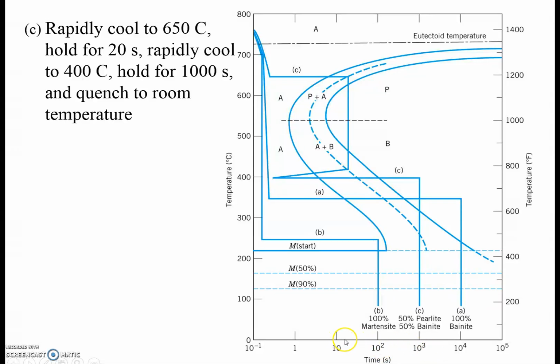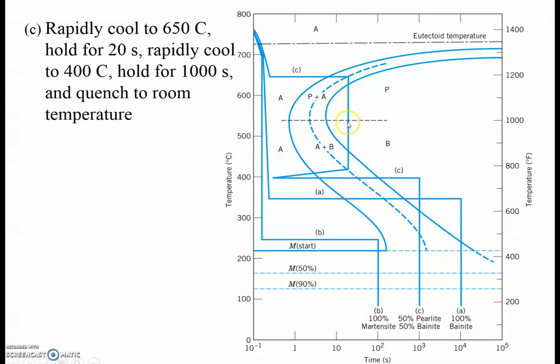So 20 is actually about right there. And then between 20 and 30, 30 and 40, 40 and 50, and so on, the distances get less and less. And then we get to 100. So 20 is about here. If I go all the way back up, my 20 seconds takes me to that 50% transformation line. So now I'm at 50% austenite, 50% perlite.